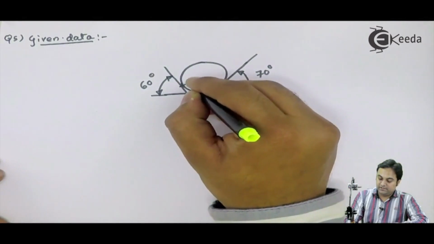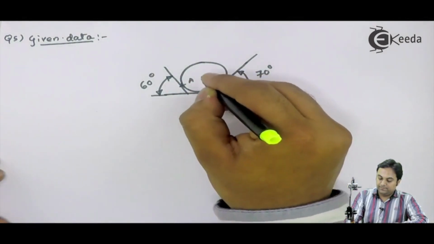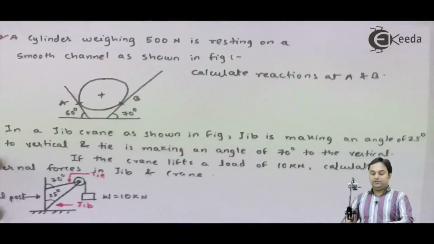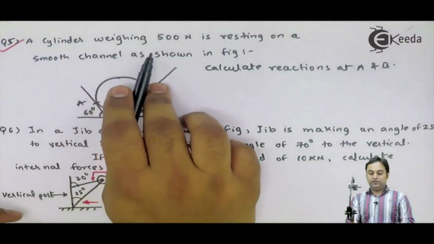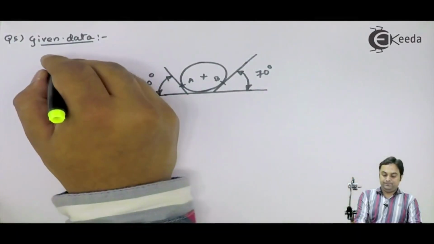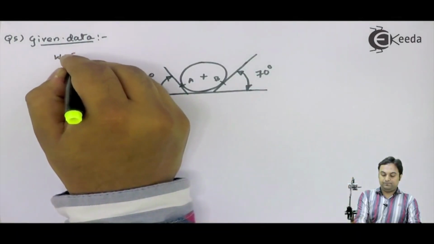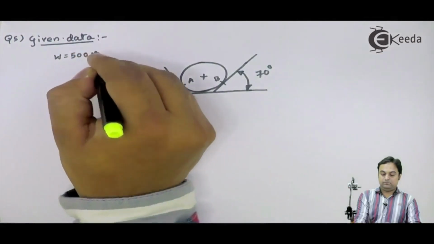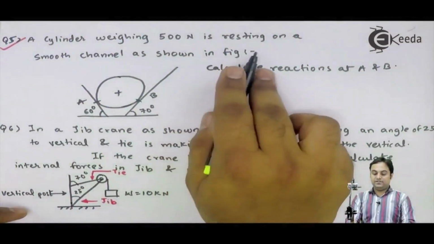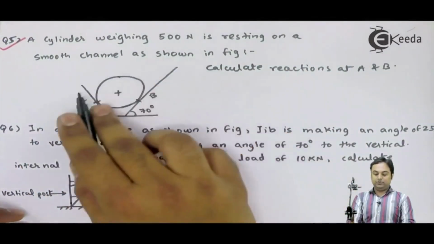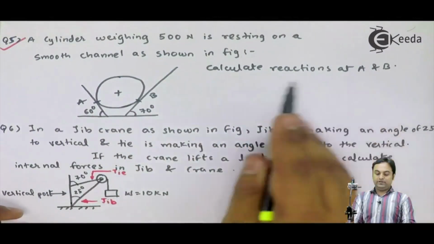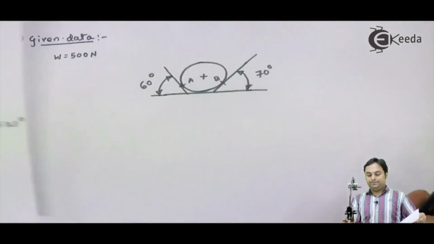Contact points are at A, at B. If we read the question, a cylinder weighing 500 Newton, weight of the cylinder is given, is resting on a smooth channel as shown in figure. Here we have smooth channel at A and B. Calculate reactions at A and B.